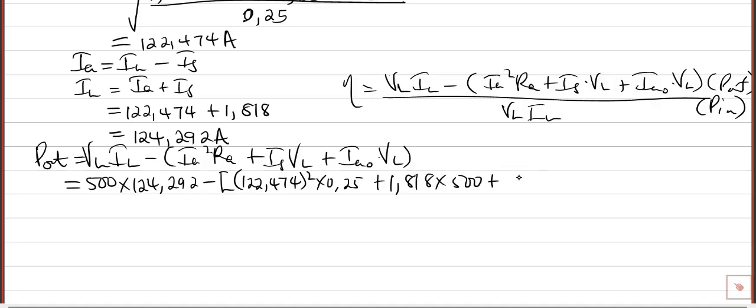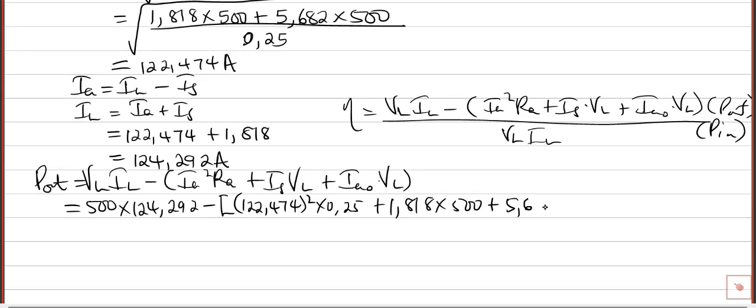Your constant losses, you're still multiplying 5,628 this number here times 500. Let's substitute.